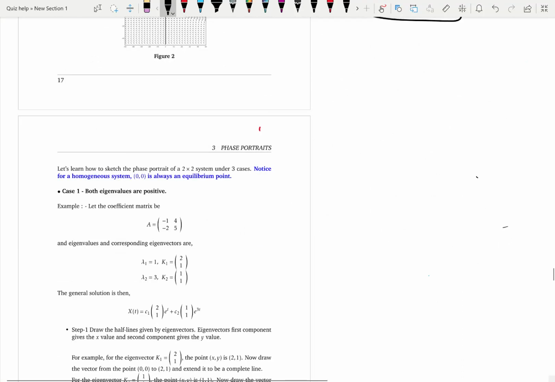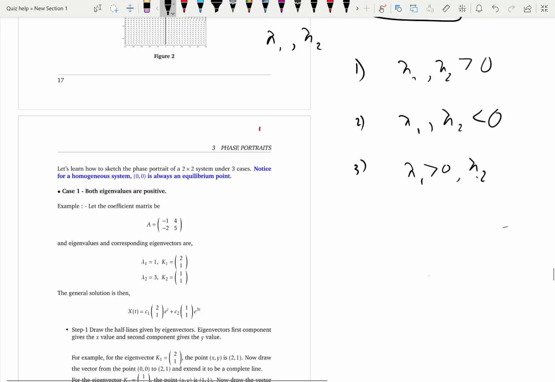There are three cases. In this lesson, we are dealing with distinct real eigenvalues, lambda 1 and lambda 2. The first case is both of them positive. The second case is both of them negative. The third case is one positive and the other negative.